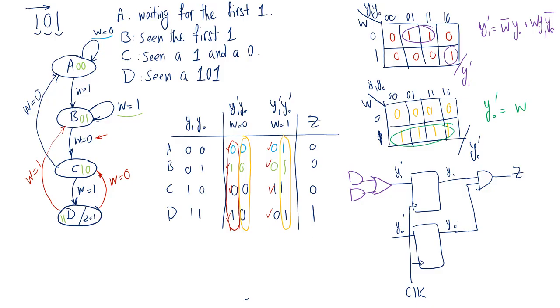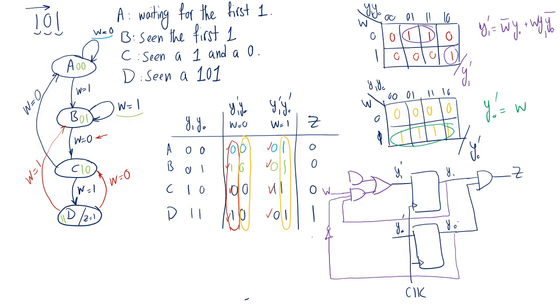So say this is W, Y1, and Y0 bar. So let's say I bring my Y1 here, and then my Y0 bar from here. Put an inverter and that goes there.